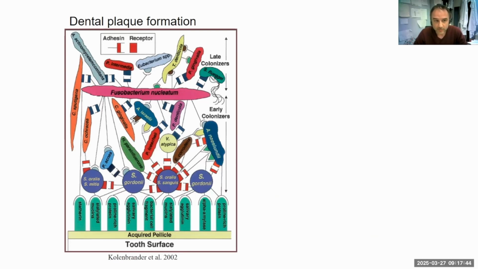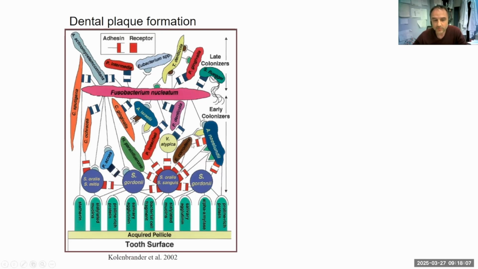If you go to textbooks, this is the standard hypothesis about how oral biofilms, dental plaque, are actually formed. It appears that some bacteria are early colonizers of the biofilm, so they are able to attach specifically to the acquired pellicle formed by glycoproteins in the saliva.